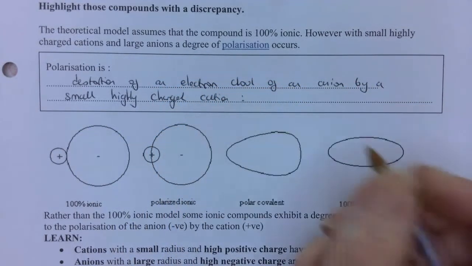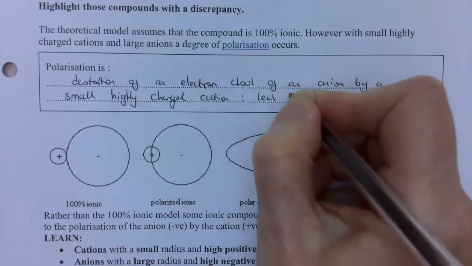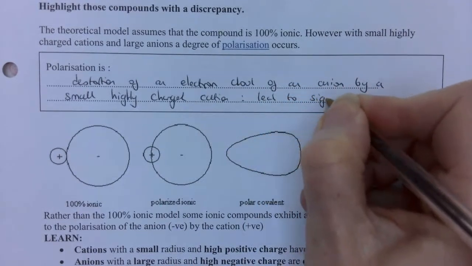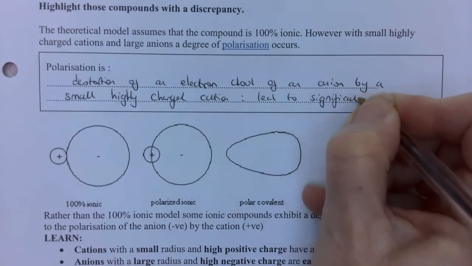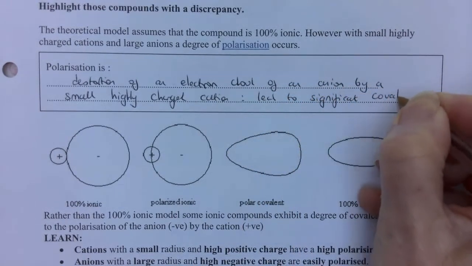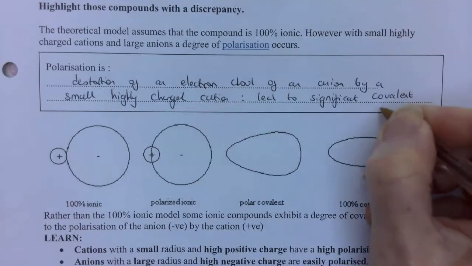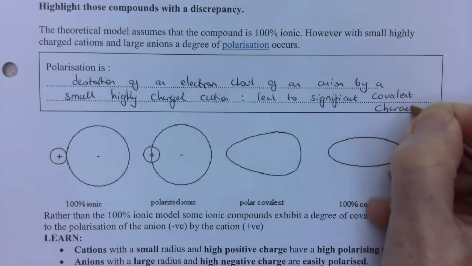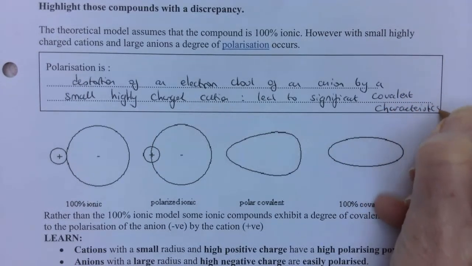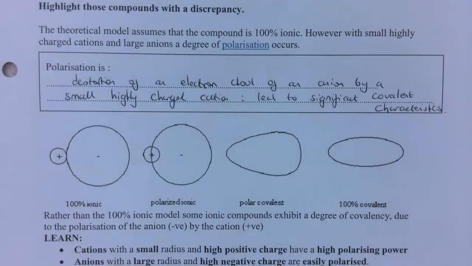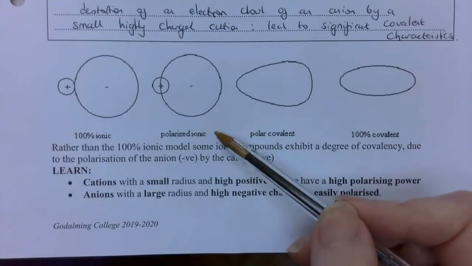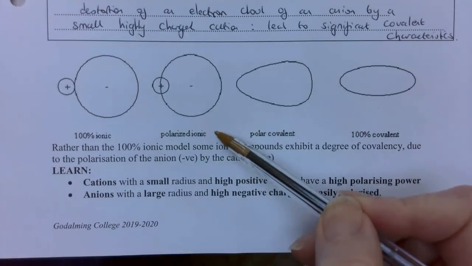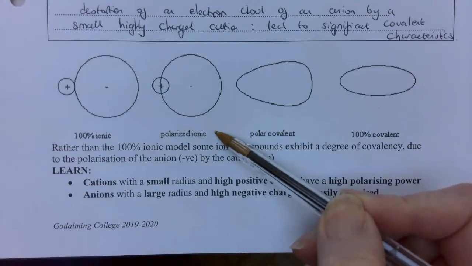And a high degree of polarization leads to significant covalent characteristics. So some ionic compounds have a degree of covalency due to the polarization of the anion by the cation.